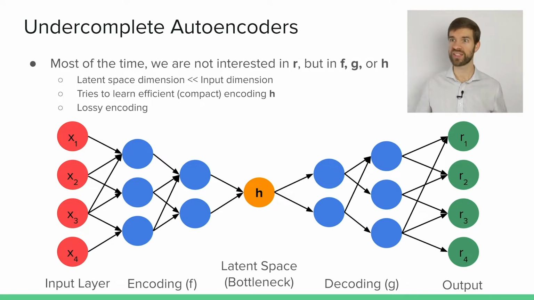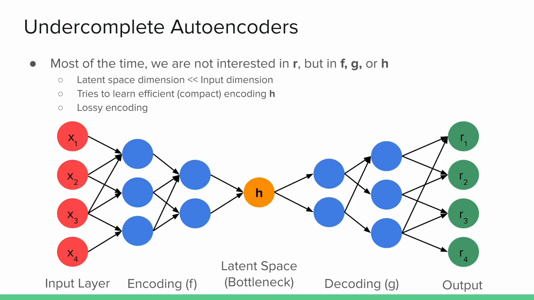So if our input has 1024 inputs, our latent space could just have 4 neurons, 4 numbers to represent all of these inputs. And by forming this so-called bottleneck here in the middle, where we have to flush all our input through, we force the network to learn an efficient and compact representation of our input. And this encoding H is what we're often interested in.